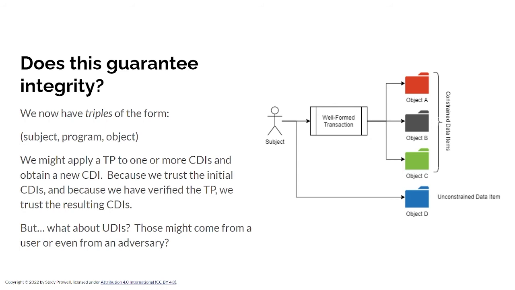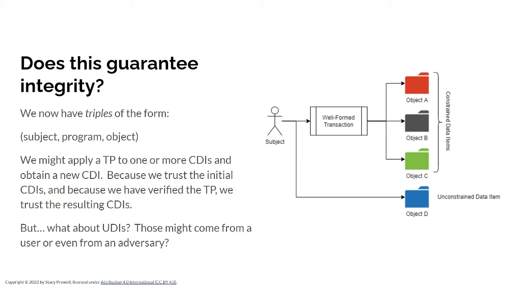Great. Does it guarantee integrity? Well, we're getting there. We now talk about things in terms of triples, right? We have a subject here, we have a transaction procedure here, and we have an object over here. And that triple tells us who's doing the action, what they're doing, and what they're doing it to. And these triples are key to a lot of the Clark-Wilson stuff.